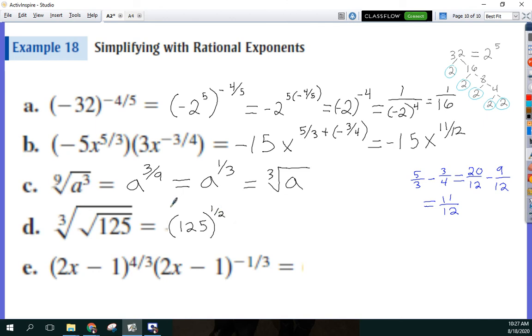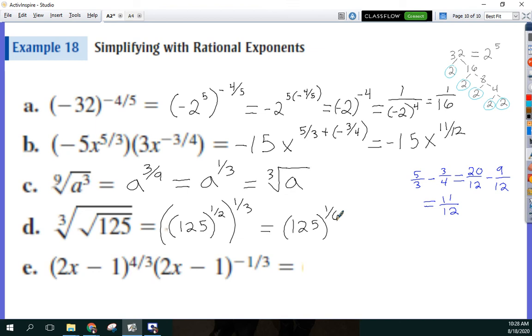And then I have a 3rd root, so I would have the 1/3 power. Now, hopefully we notice that I have a power raised to another power, so we can multiply those powers. So I end up with 125 to the 1/6 power, which is a little bit more manageable.